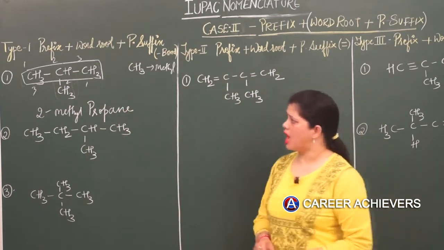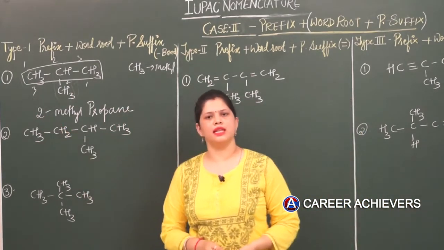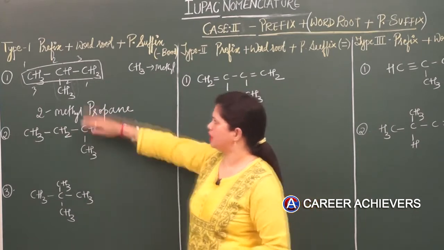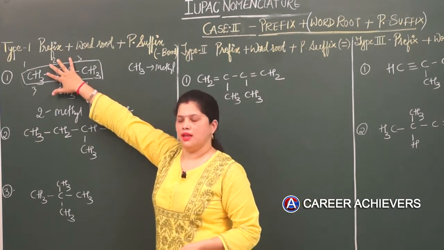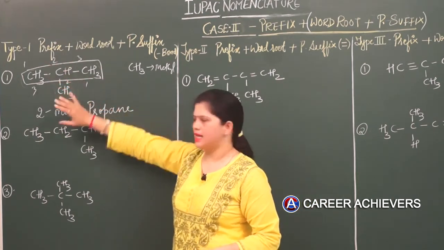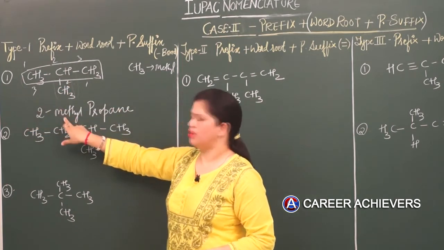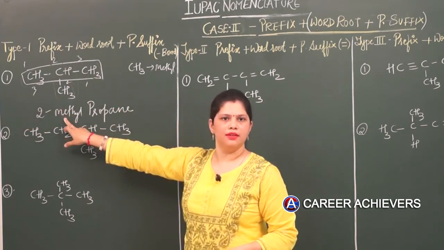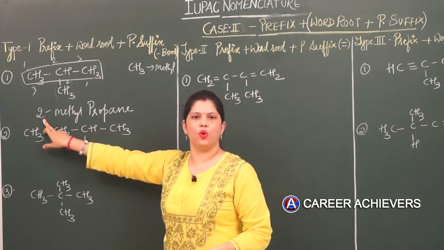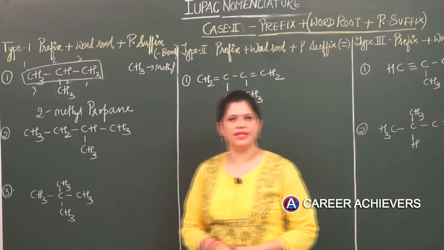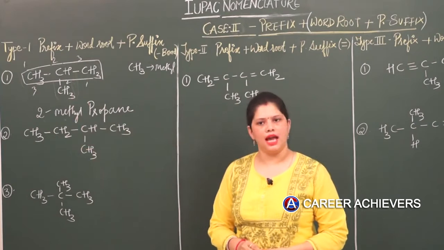If you are wondering why we have to write this 2, the answer is, supposing this molecule is hidden and only the name is given, and the 2 is not written, your mind will ask the question where to add methyl. Until and unless 2 is given, you cannot decide on your own where the methyl is. So this number denotes the position where the methyl has to be added.